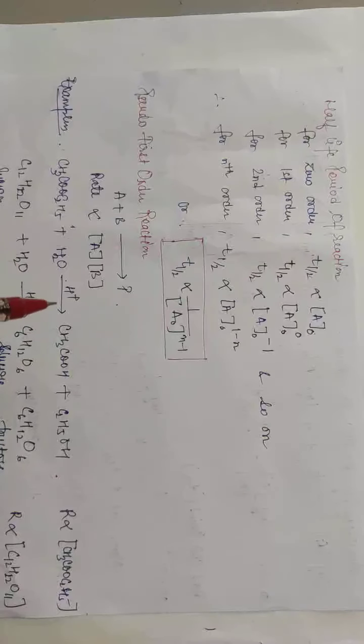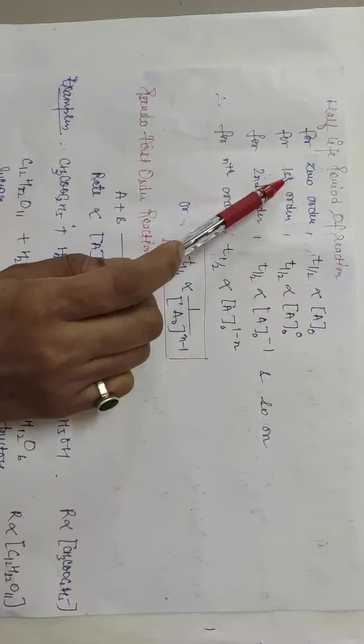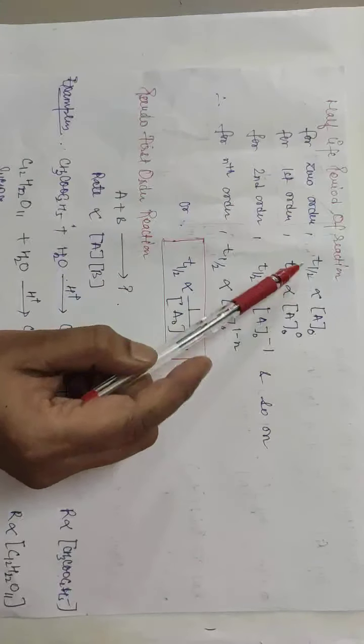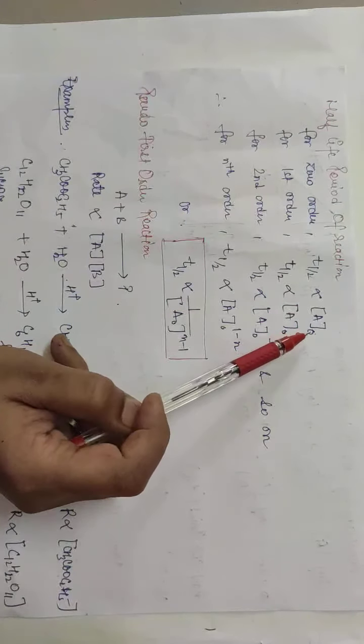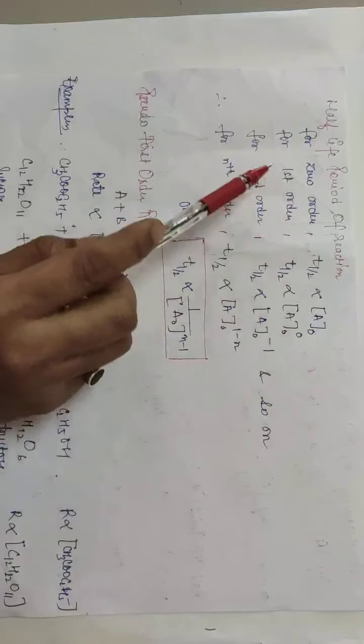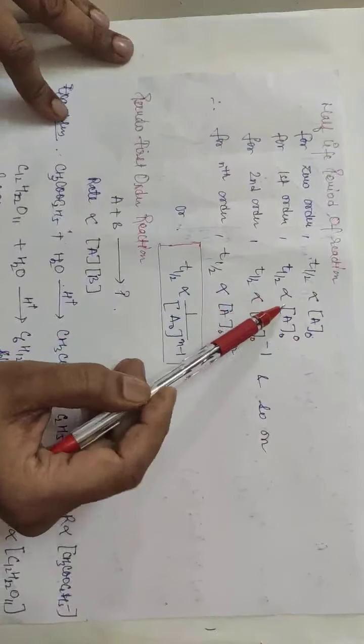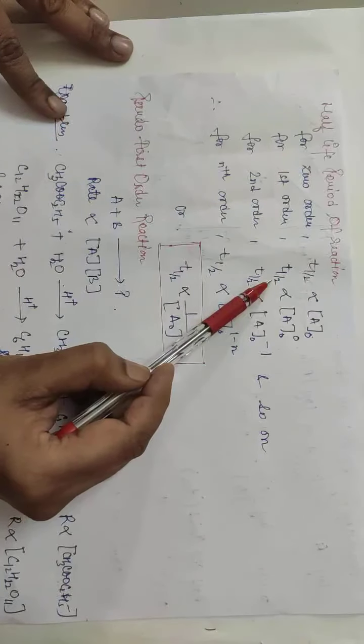Now let us see the general expression for the half-life period of a reaction. You have studied that for a zero order reaction, t half is directly proportional to the initial concentration to the power 1. For first order reaction, t half is independent of the initial concentration.